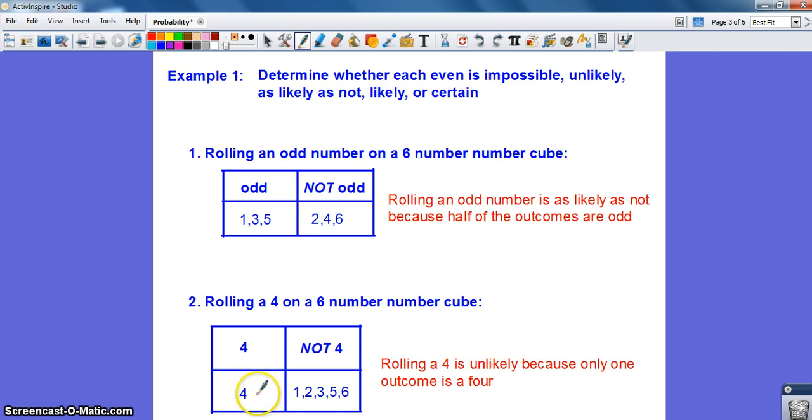And the complement of it being 4 would be rolling a 1, 2, 3, 5, or 6. I have more chance of rolling a not 4, or the complement of my event. So rolling a 4 is unlikely because only one of the outcomes is a 4.